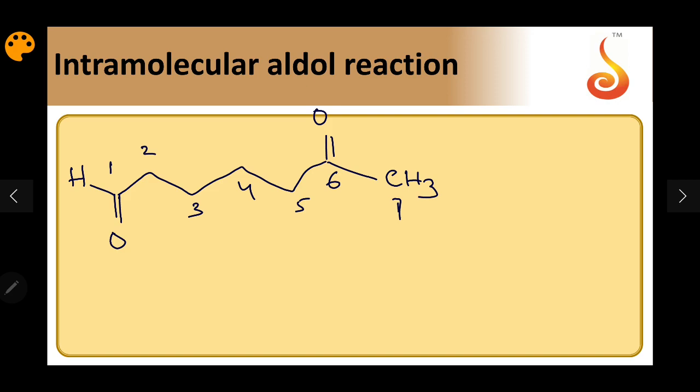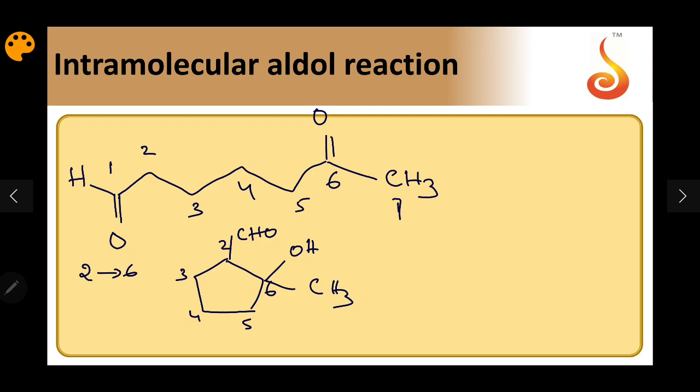So I can take out alpha hydrogen, form the carbanion at 2 and attack at 6. So I can get 2, 3, 4, 5, 6, a 5 membered ring. So 2 to 6 I get a 5 membered ring. So this is 2, this is 3, 4, 5, 6. Sixth will have one OH and CH3 and 2 will have an aldehyde group. This is one possible product.